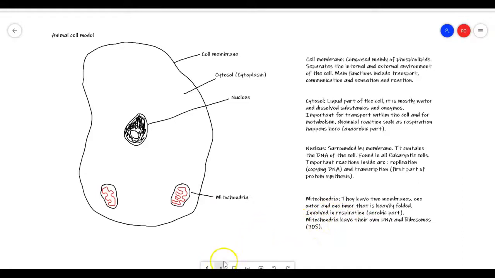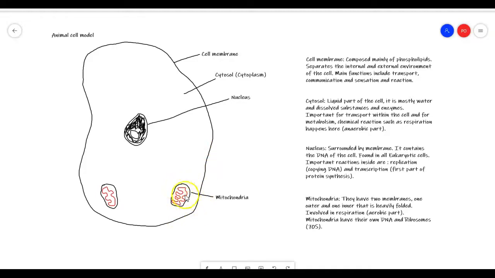This feature that they have their own DNA and ribosomes comes from the fact that mitochondria are most likely bacteria that have entered eukaryotic cells. In the evolutionary history of eukaryotic cells, an important event was when bacteria were engulfed by the outer membrane, which is why I drew this one black, representing the outer membrane of the animal cell, but the inner membrane has more bacterial-like structures.